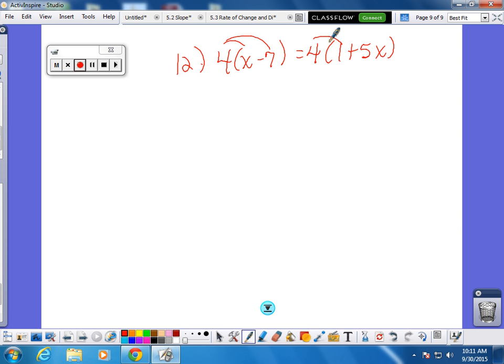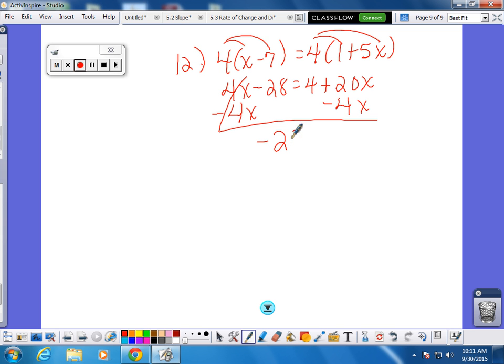Property. So 4x minus 28 is equal to 4 plus 20x. I can subtract 4x. Can we do that? So negative 28 is equal to 4 plus 16x.